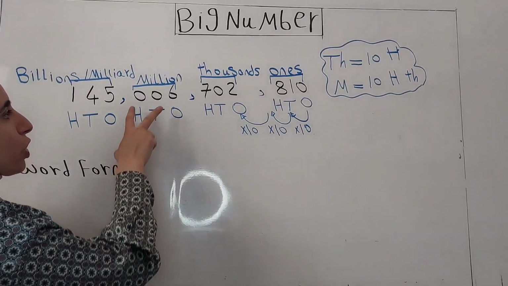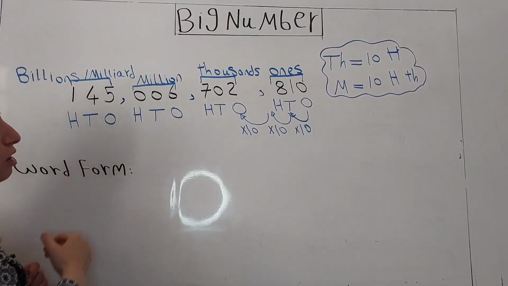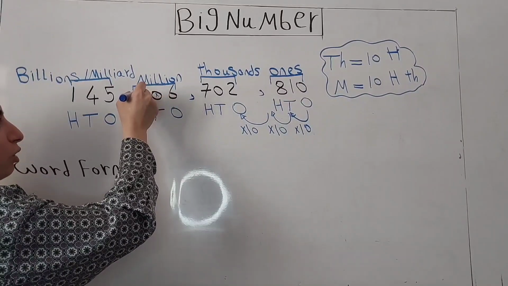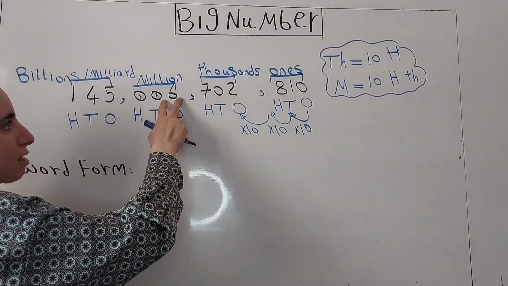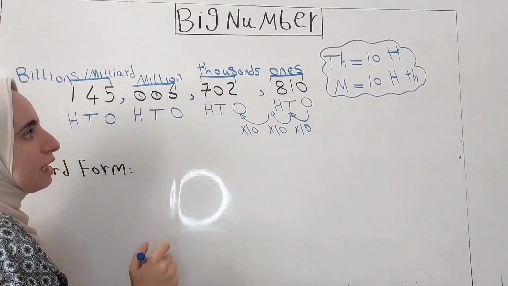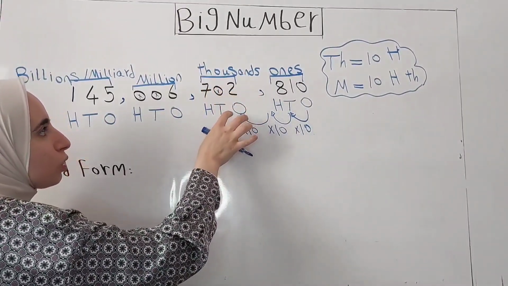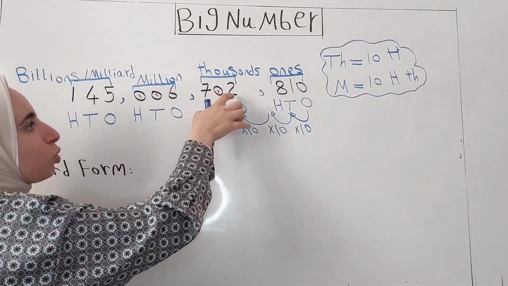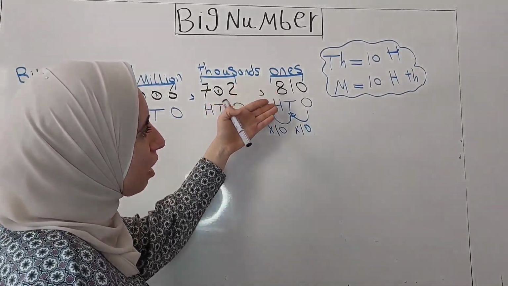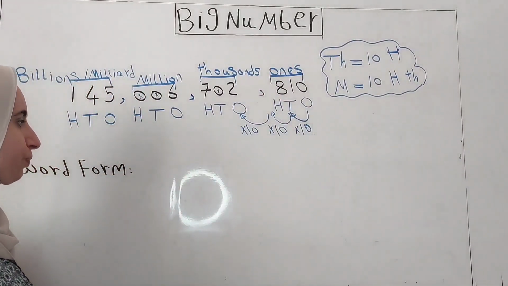Then we have 2 zeros on the left, but zeros on the left have no value, so we don't read anything. 6 millions. Then we go to the thousand family and read 702,000. Then we go to the ones family and read 810. The word ones is not read.